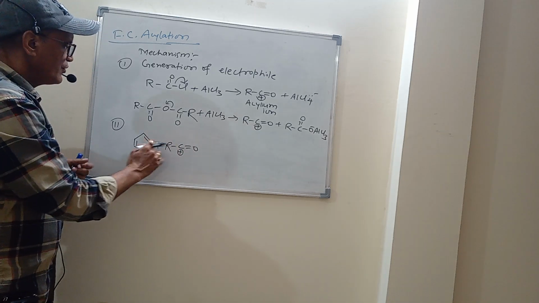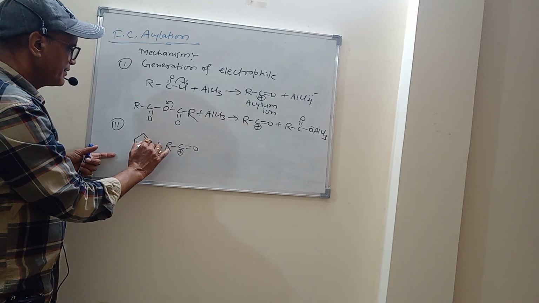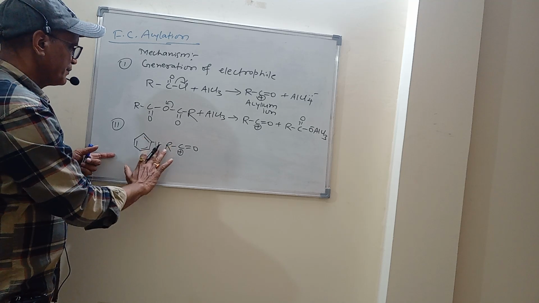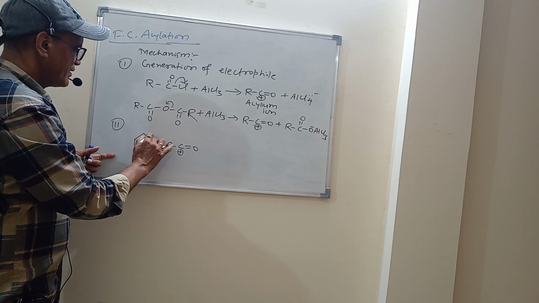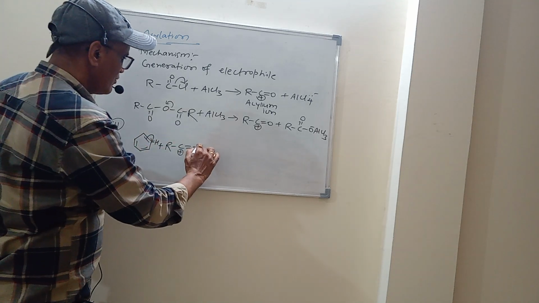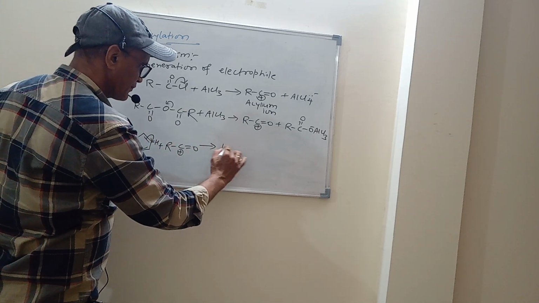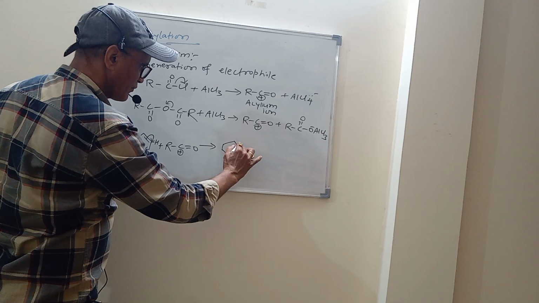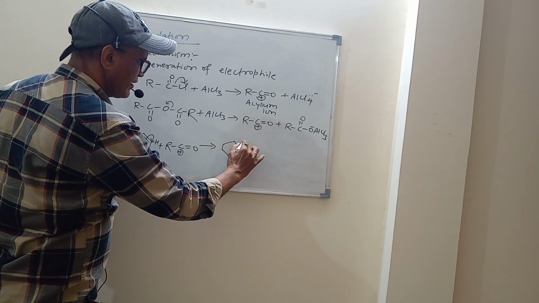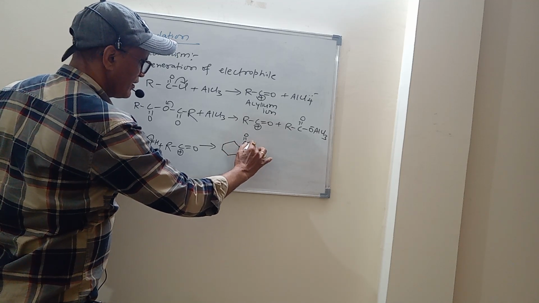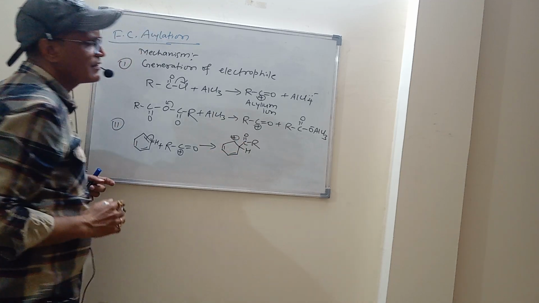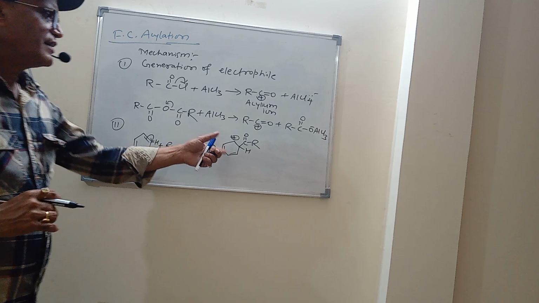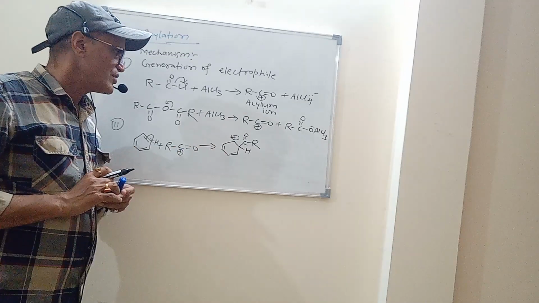Again, as we know, it will target one CH bond here, and this pi bond will be shifting, and this electrophile will be joined like this, and again it is resonance stabilized.